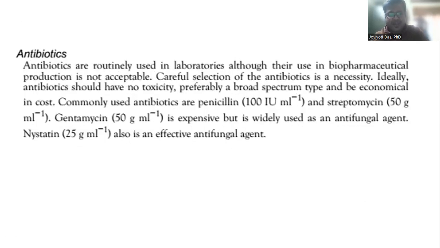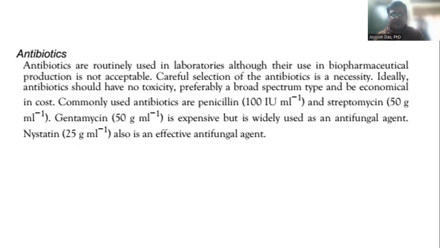Why do we need antibiotics? Even in bacterial cell culture, we sometimes use antibiotics. But why is it required in the case of animal cells? Of course, to prevent the growth of microorganisms in your animal cell culture media, because you want your animal cells to completely consume the media and not share it with bacterial cells or any other microorganisms, because once they start growing, they will contaminate your cell culture completely and your animal cells will die.